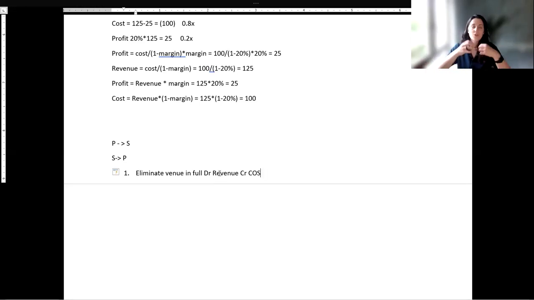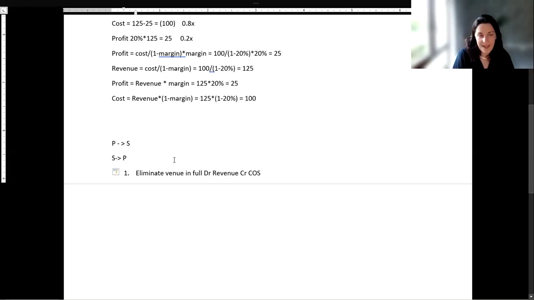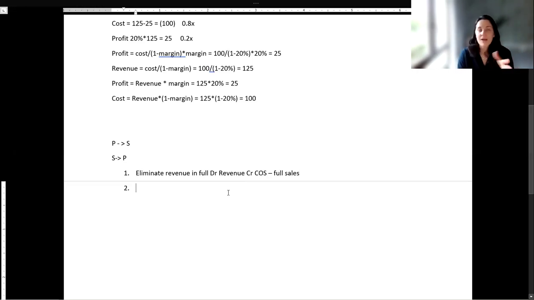We do not want to show our company bigger than it actually is. And this will be for the full revenue. So we are going to take the full sales regardless of how much is left. Then we are going to look at the profit.